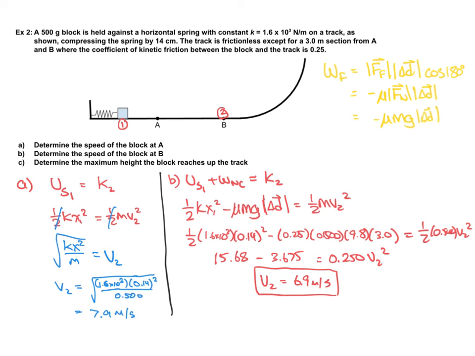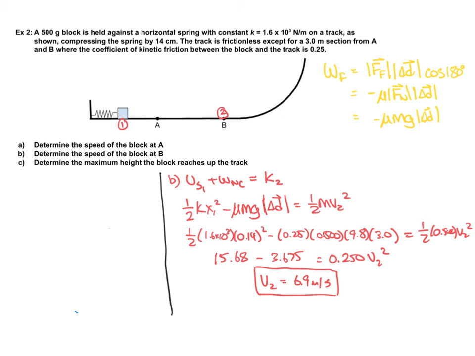For part C, I'm going to erase part A here and use the space for part C. And in this situation, now we're determining the maximum height the block reaches up the track. So I'm going to keep moment 1 the same, and moment 2 will be wherever the box reaches some kind of maximum height.